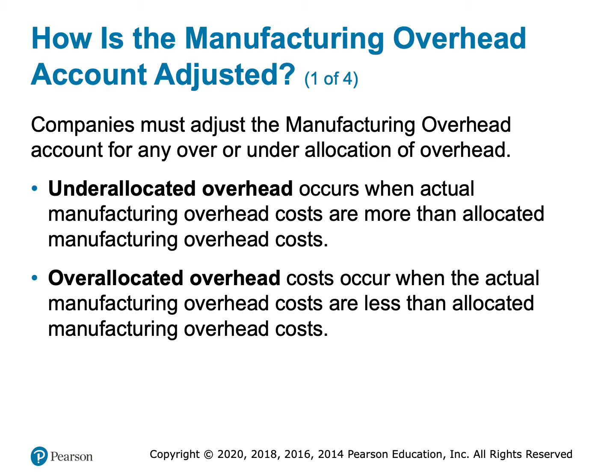The actual costs were more than the amount that we had allocated. So this is when you end up with a debit balance. If we had over allocated, then that means that the credit, the allocated side, would have been larger than the debit actual side, and we would have had a credit balance.